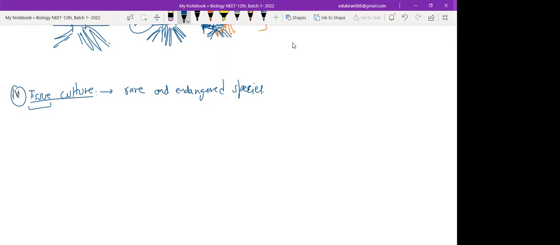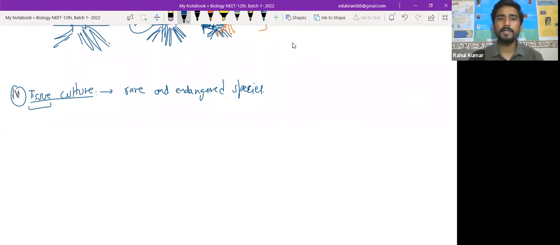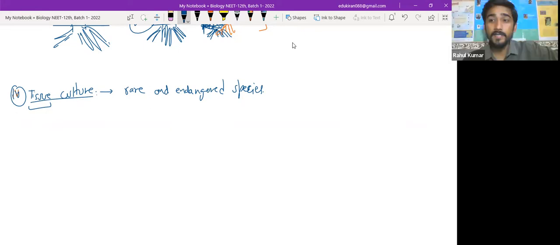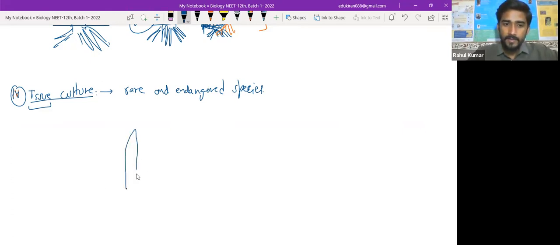Latif? Yes, sir. What I meant to say is that vegetative propagation is nothing but fragmentation and regeneration, or any one of the two in plants, correct? Yes. In tissue culture also, most of the time what we do is take the tips.